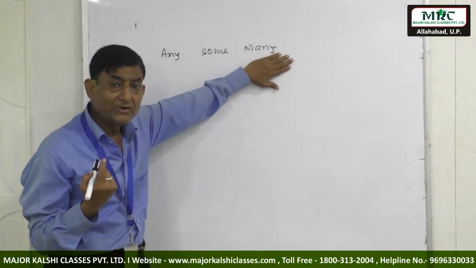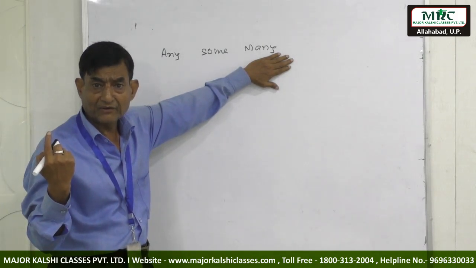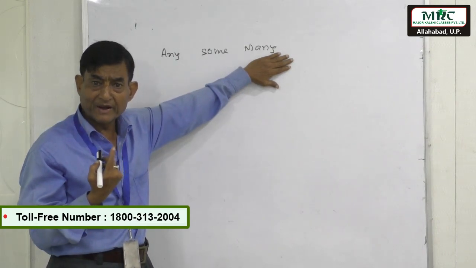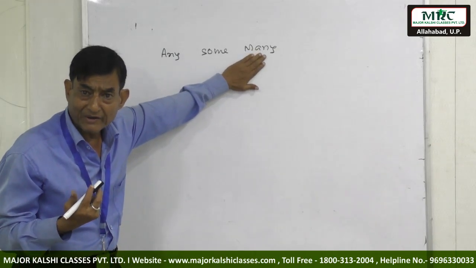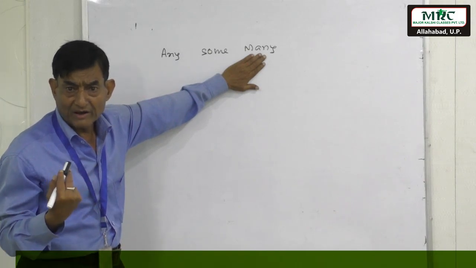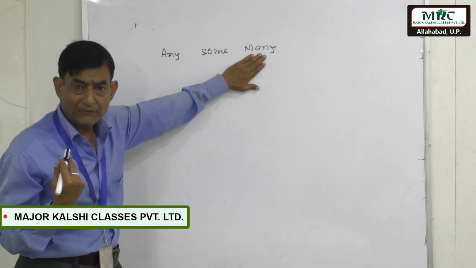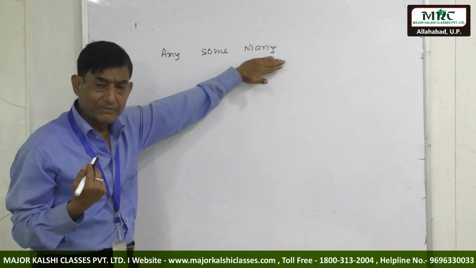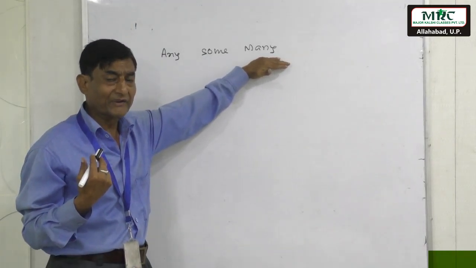Actually, many is used only in negative and interrogative sentences, and its use in the object of the affirmative should always be avoided. Many in affirmative sentences is substituted by several, a great number of, a lot of, or lots of. So it can never be used in the object of a sentence, and if it comes in the object of a sentence, it's an error.